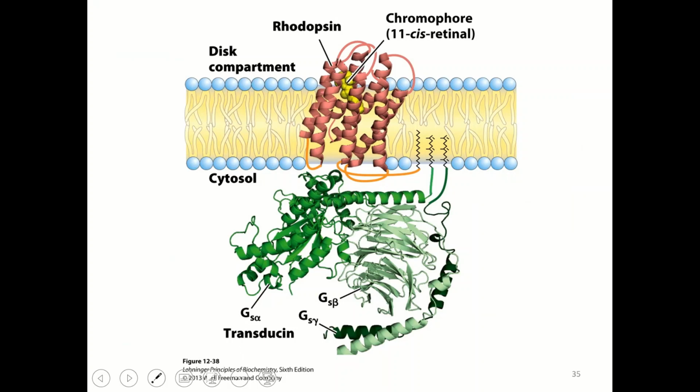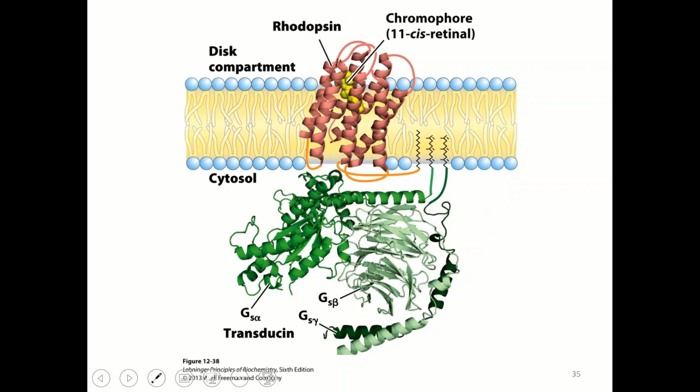Okay. The G protein coupled receptor involved in this pathway is known as rhodopsin. Okay, and rhodopsin is shown here in red with the 7 transmembrane helices. It's a little bit different because its ligand is sort of already bound there in that receptor.